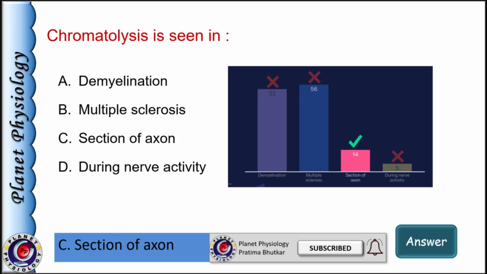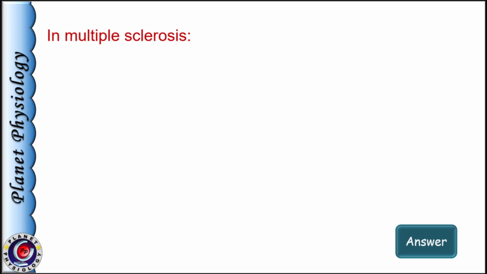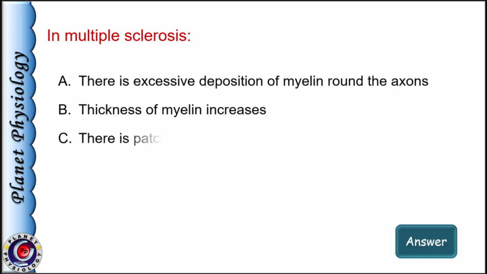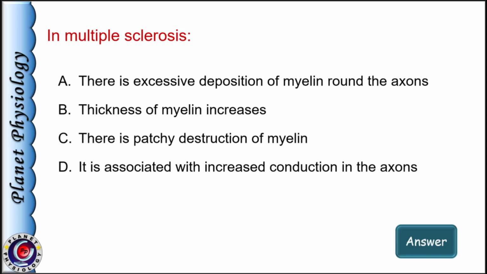Next question again related to multiple sclerosis. In multiple sclerosis, statements are A. There is excessive deposition of myelin around the axons. B. Thickness of the myelin increases. C. There is patchy destruction of myelin.